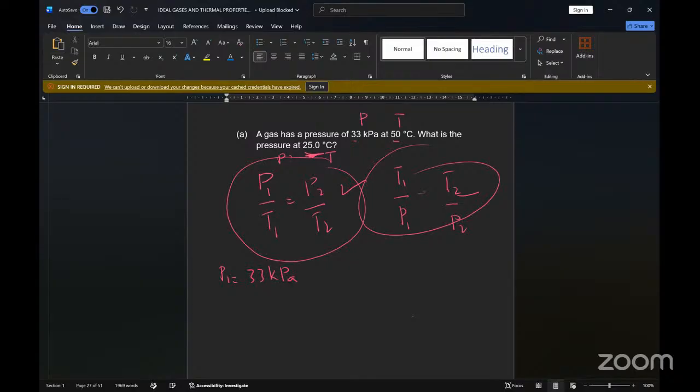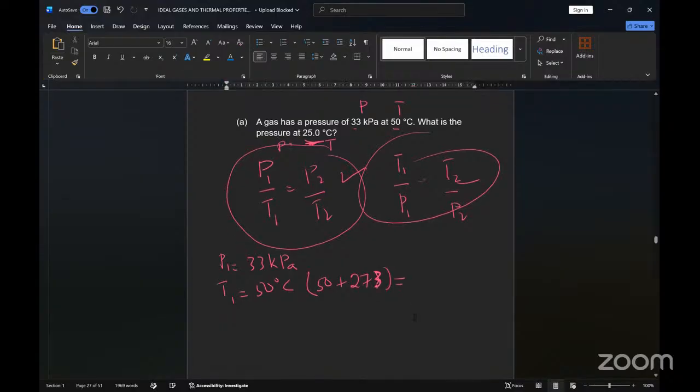Your T1 is 50 degrees Celsius. Now, anytime you see temperature, even as we did in the case of Charles' law, you always have to convert it to Kelvin. So this is the same thing as 50 plus 273. Converting to Kelvin, you have to add 273.